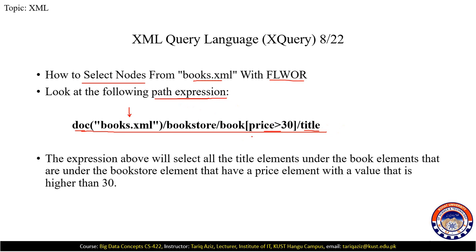Now what this query will do, it will return the title. As we said, the expression above will first select all the title elements under the book elements that are under the bookstore elements that have a price element with a value that is higher than 30. As I discussed here, it will return those books' titles whose prices are greater than 30.